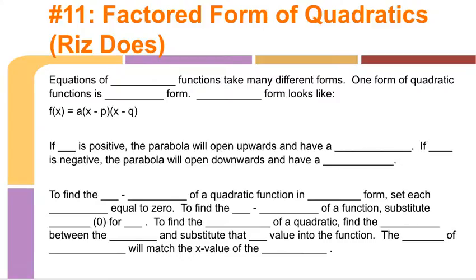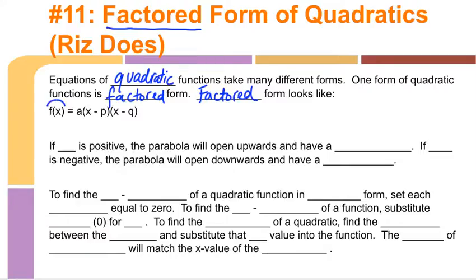Equations of quadratic functions take many different forms. One form of quadratic functions is called factored form. Factored form looks like something like this.